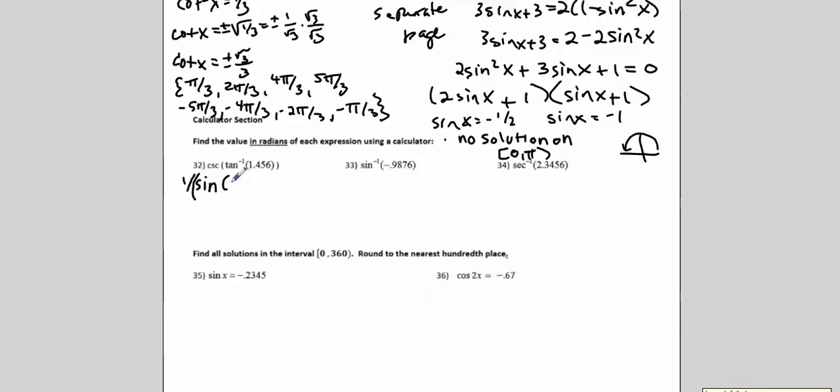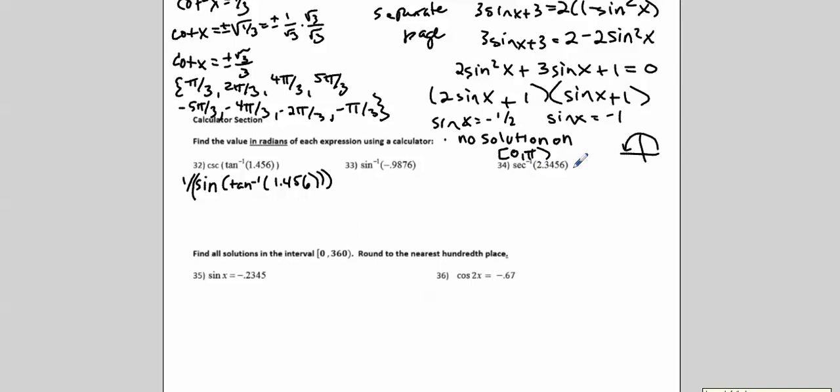1 divided by sine of inverse tangent 1.456. Close these parentheses again and again. So I have 1, 2, 3 opens, 1, 2, 3 close. That's what we're going to put in our calculator. 33, there's an inverse sine button on the calculator, so we can enter this exactly how we see it.